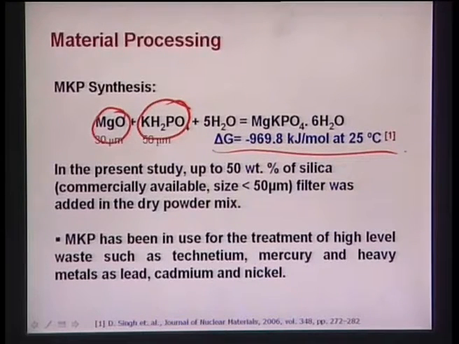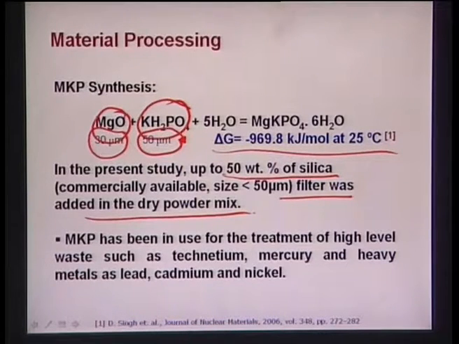Point number two is that you can start with fairly coarse magnesium oxide particles and mix them together, and in this particular study 50% silica filler has been added in the dry powder mixture. Why has silica been added?